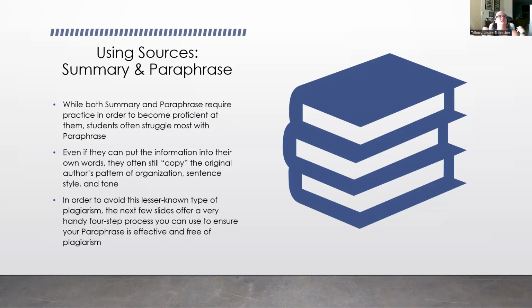So you're not as likely to accidentally copy something. With a paraphrase, it's a smaller amount of source material, and it becomes much more likely that you will accidentally plagiarize that material.